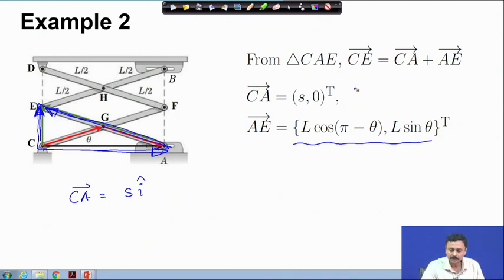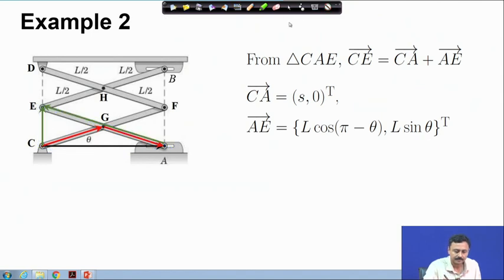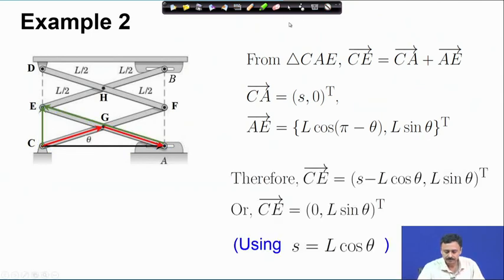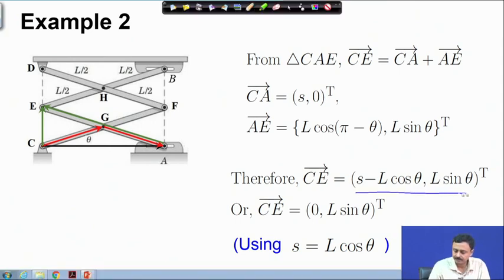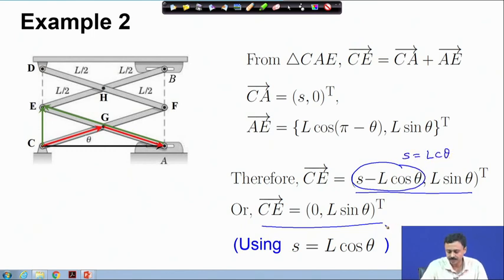Therefore, substituting these two here, we get the CE vector, but because S is already L cosine theta, which we have already seen, CE is nothing but L sin theta definitely.